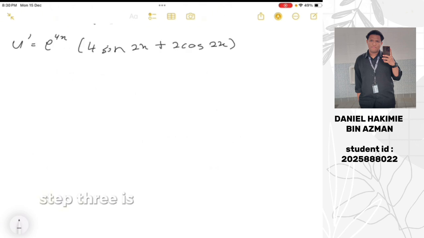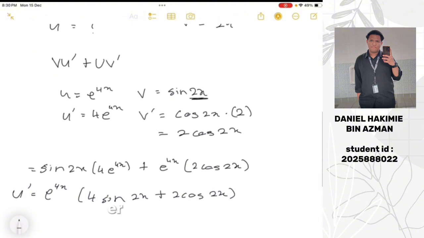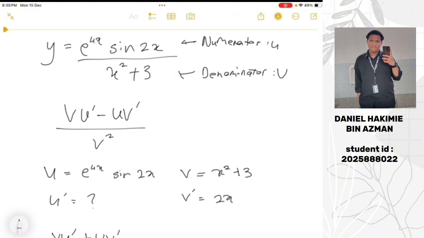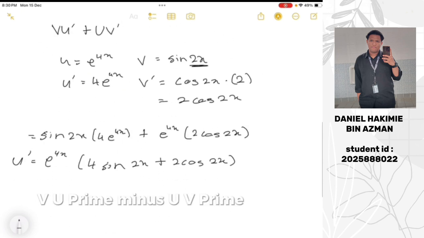Step 3 is to substitute the values into the quotient rule. We know the formula is (v u' minus u v') over v squared.